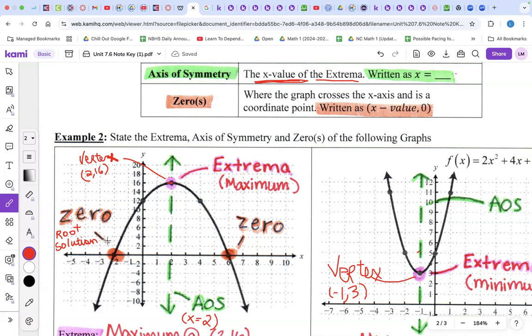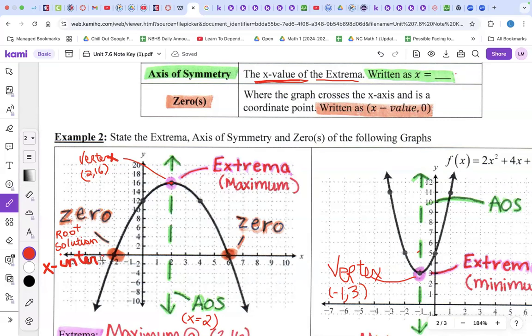Now using a different color, I need you to circle your zeros. Remember, another word for zeros is roots, solutions, or just what you see, x-intercepts. X-intercepts. That's another name for solutions, another name for zeros.